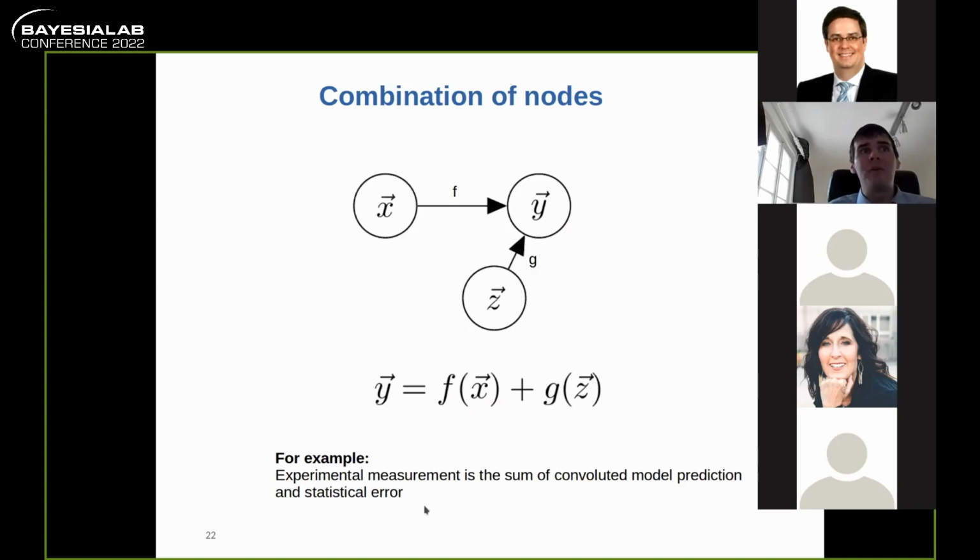If we have an experimental measurement, which is y here, and a convoluted model prediction, maybe given by the propagation of x, then we know the prediction will not perfectly match the experimental measurements due to the error contributions I mentioned before.